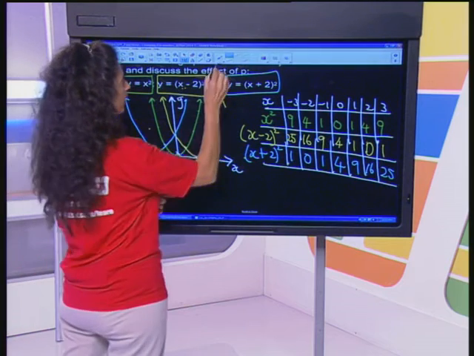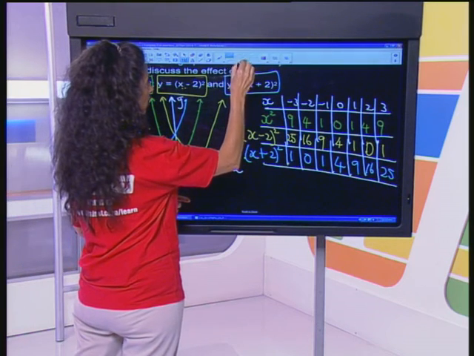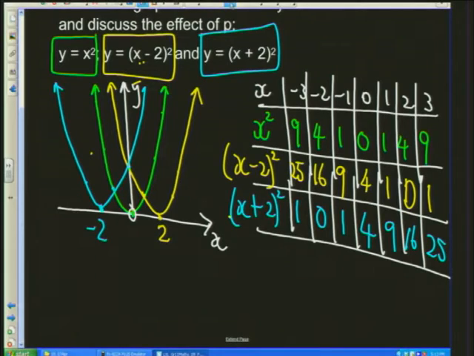Okay, so let's try and connect. What is happening to this equation? And what is happening with this equation? What can you see? What can you tell me? Okay, very clear that if the graph will translate to the right, then p is the amount of units that it's translated to the right. And if it's translated to the left, then p is the amount of units that it's translated to the left.